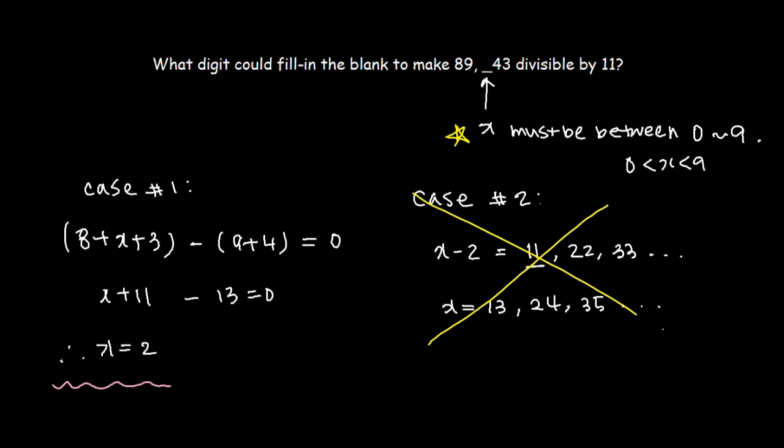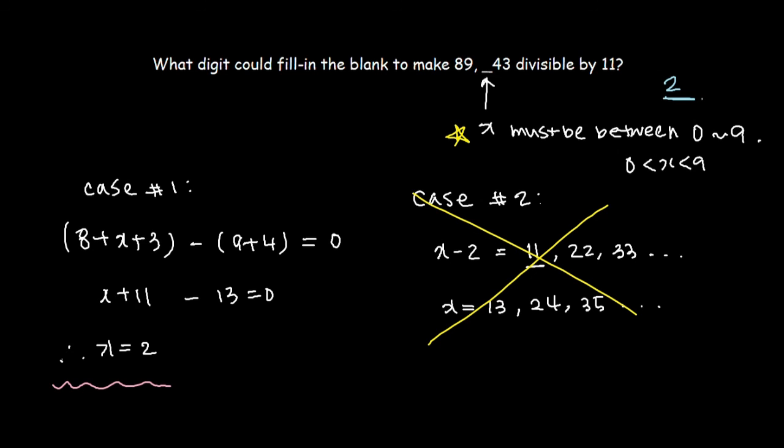So automatically, we can refer right back to case number 1 and find that x must equal 2. Therefore, the digit that makes the number in the problem divisible by 11 is 2. Don't write x equals 2 as your answer, because we just made up that variable. The answer is simply 2.